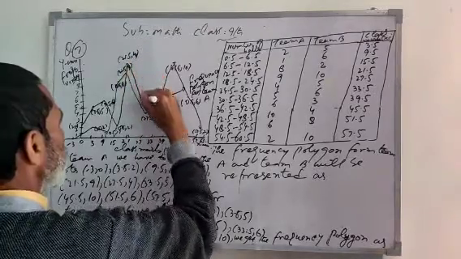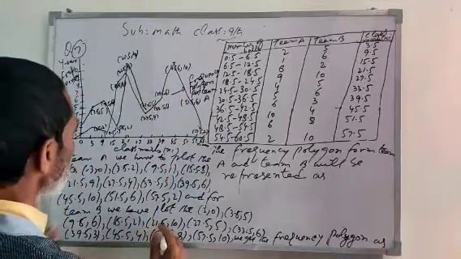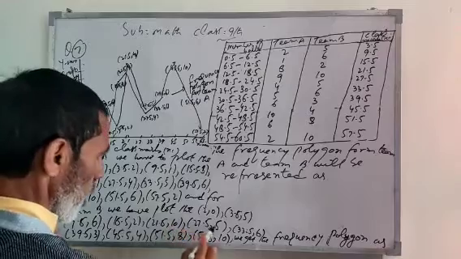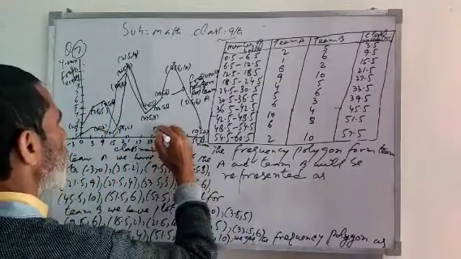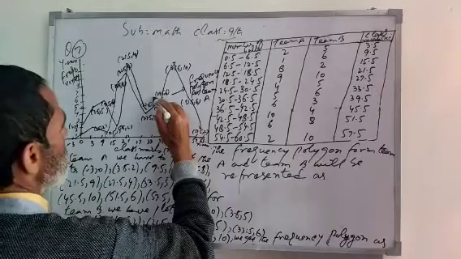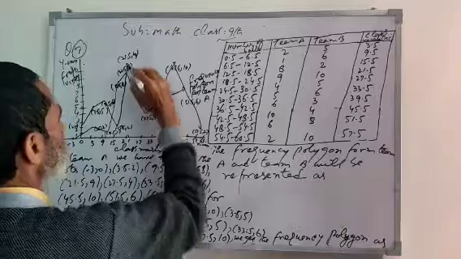This is joined. 33.5 comma 6. 6 is here. This is joined.